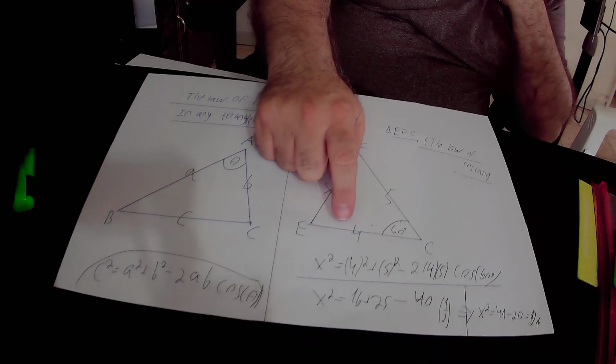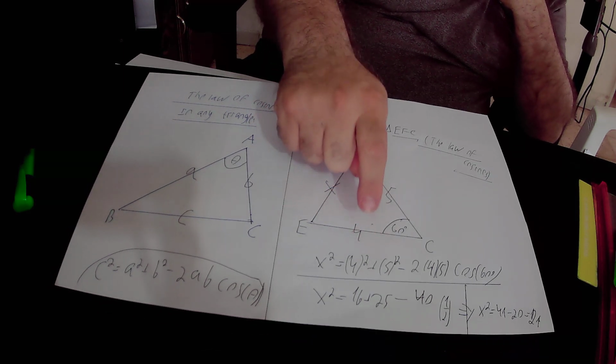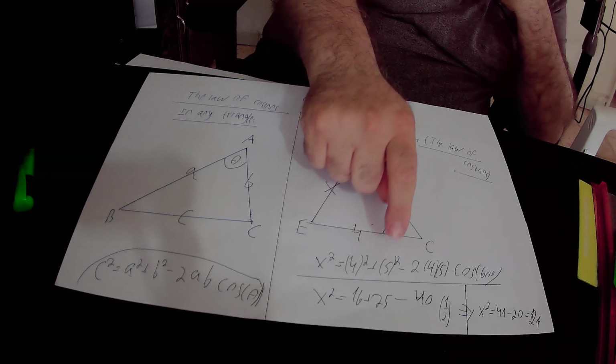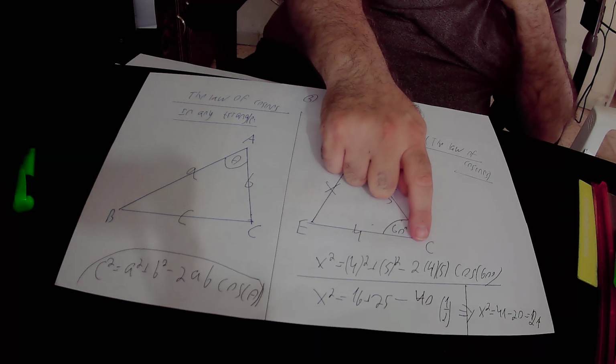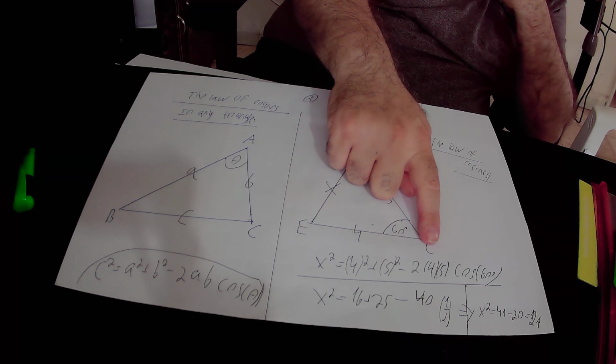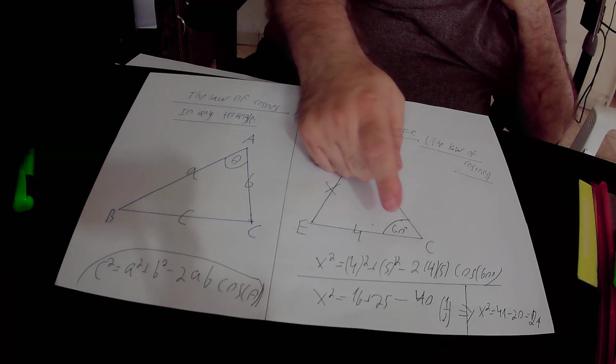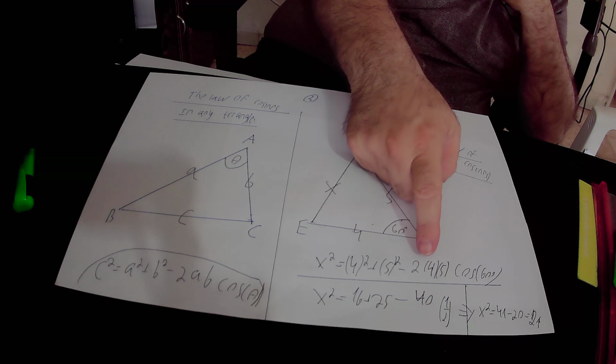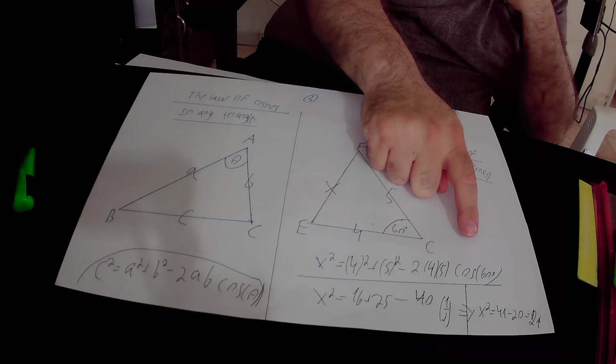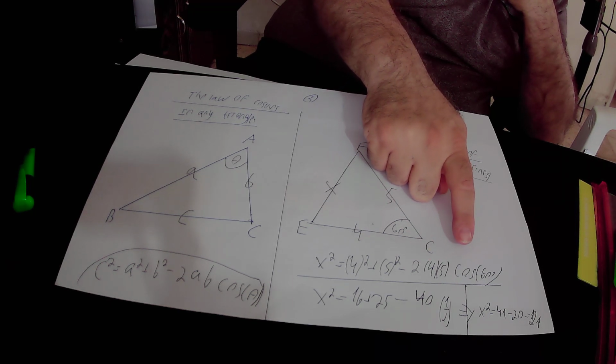So here x squared equals 4 squared, which is 16, plus 5 squared, which is 25, minus 2 times 4 times 5. 4 times 5 is 20, and 20 times minus 2 is minus 40. So this expression equals minus 40 times cosine 60 degrees, and cosine 60 degrees equals 1/2.